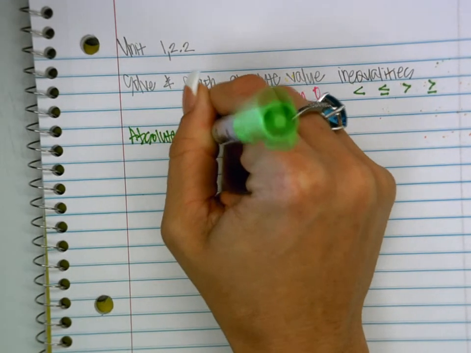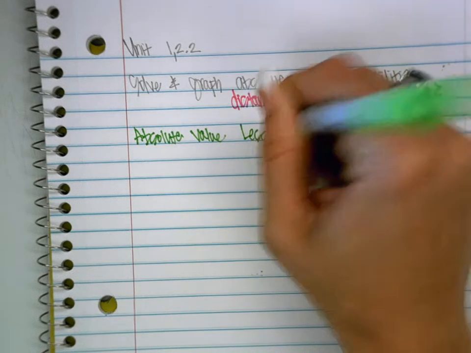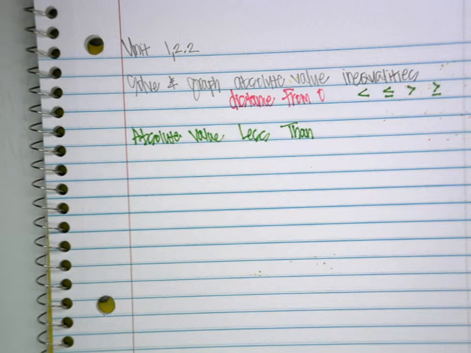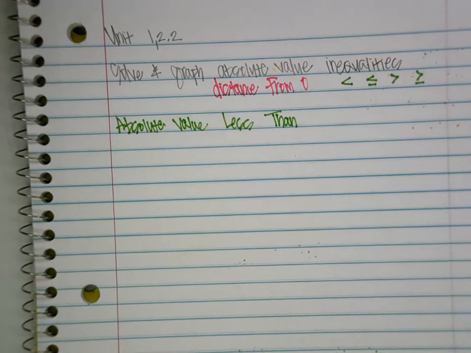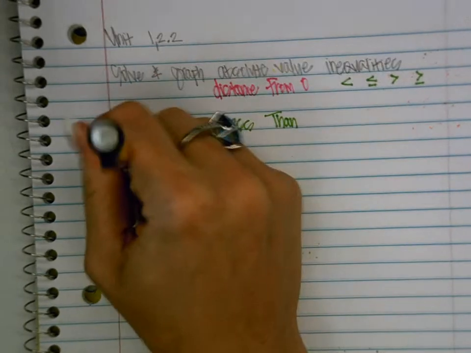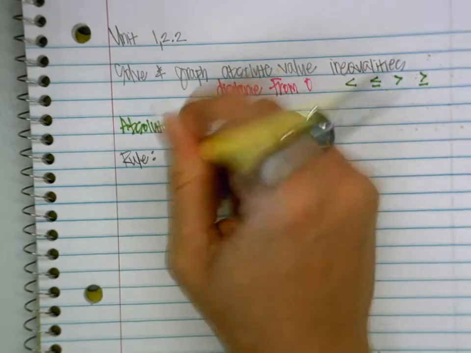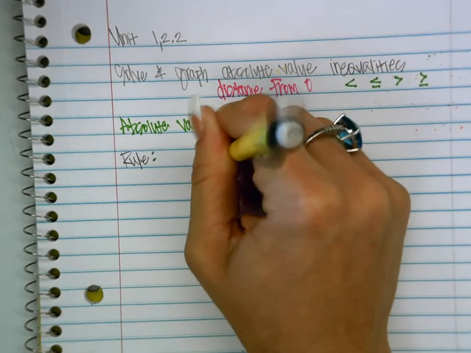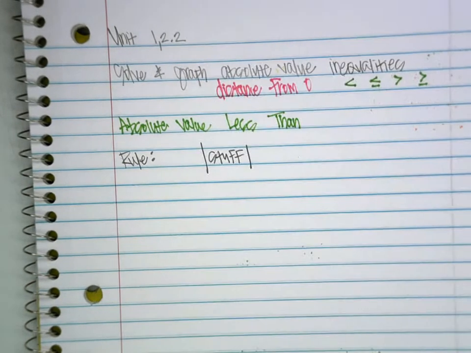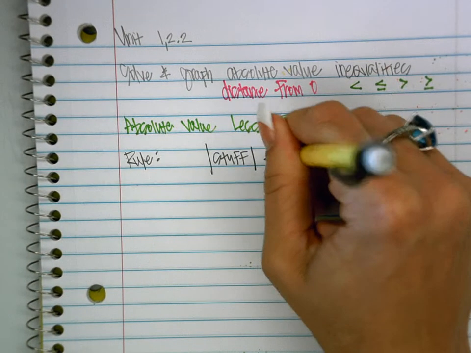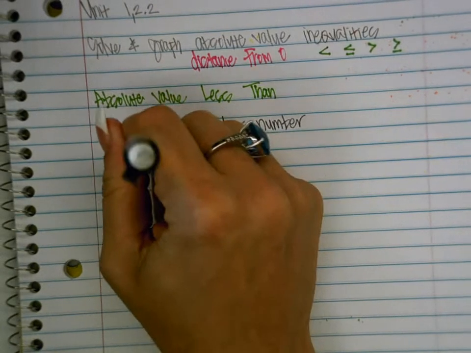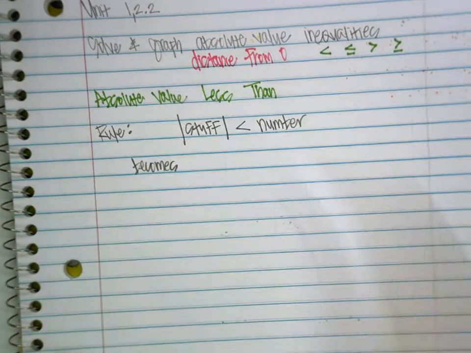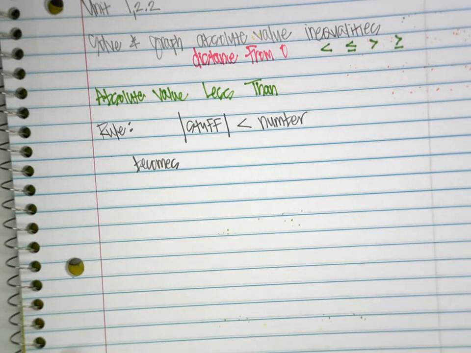Absolute value less than equations, or inequalities, excuse me. Absolute value less than, okay? The general rule for these is that whatever's inside, the stuff inside the absolute value, if it is less than a number, will become what I like to call a sandwich equation.